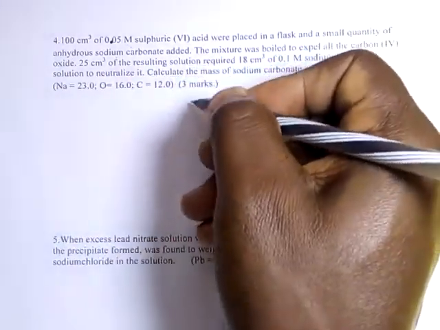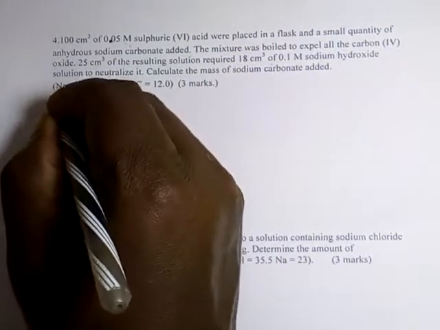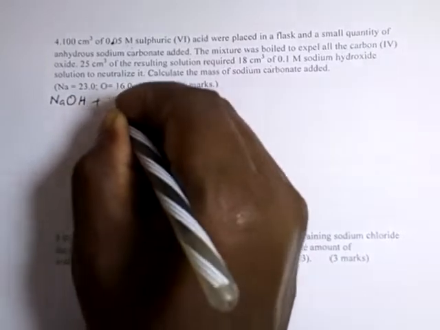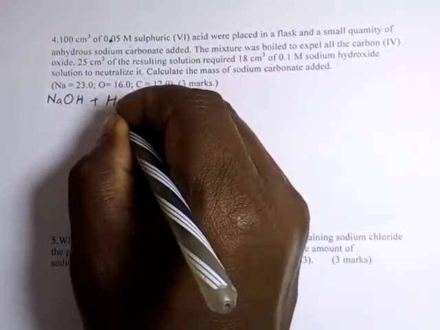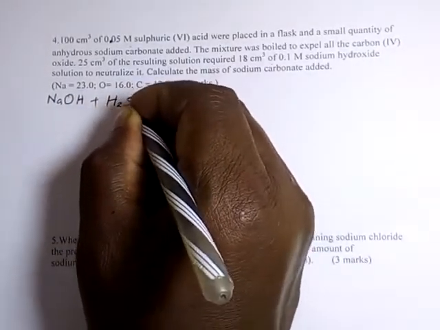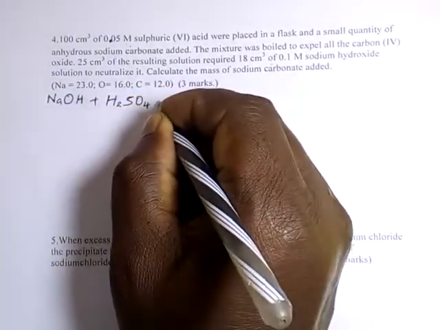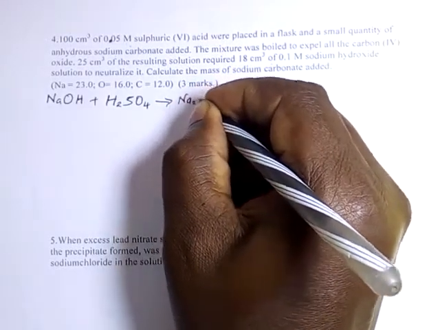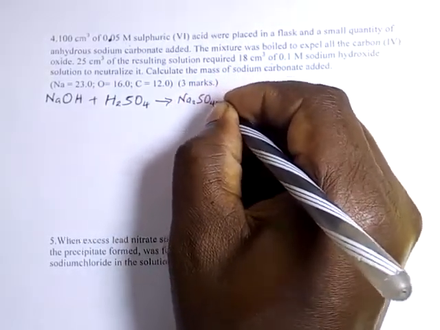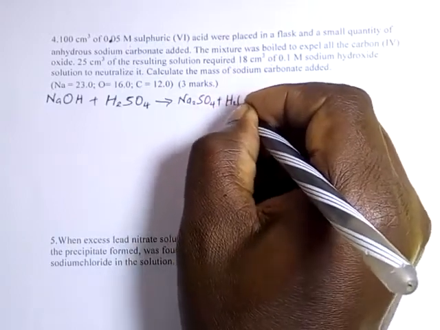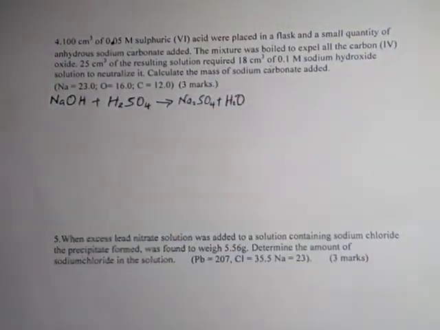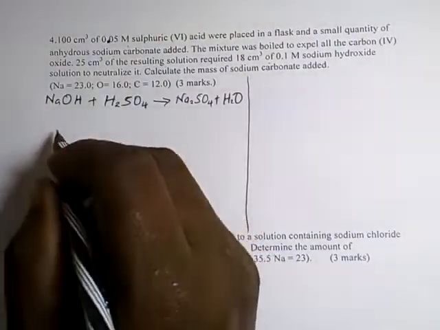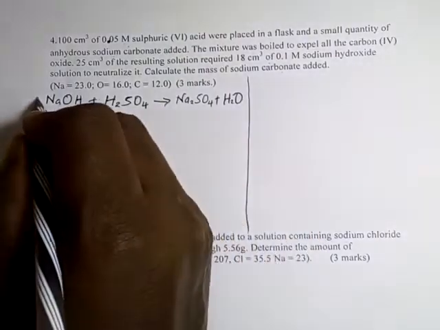So let us go to the last equation, where sodium hydroxide is reacting with the excess sulfuric acid to give us sodium sulfate plus water. Then let us balance the equation.